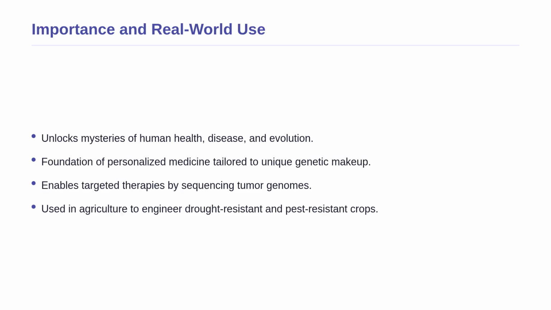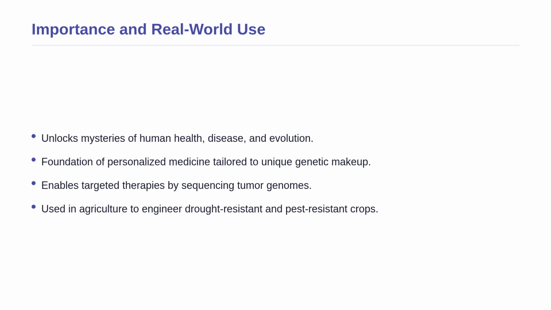So, why do we go through all this computational effort? Understanding genomics is absolutely crucial because it holds the key to unlocking the mysteries of human health, disease, and evolution. In the real world, genomics is the foundation of personalized medicine. This is where medical treatments are tailored specifically to your unique genetic makeup.